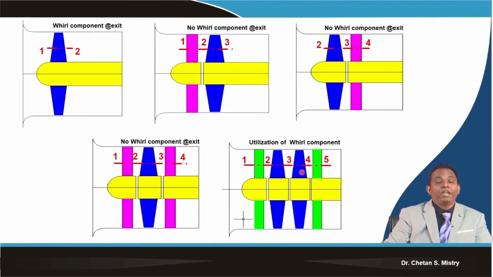So now, being an engineer, we need to understand how we will use these configurations. Suppose you work for a company where there is no need to raise the pressure. Suppose you are making cooling fans for your computer or processors. In that case, we are not bothered about flow direction.